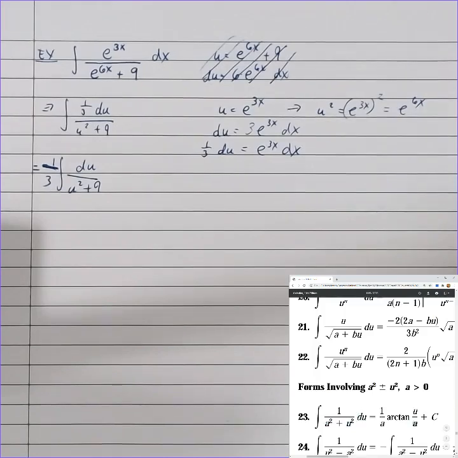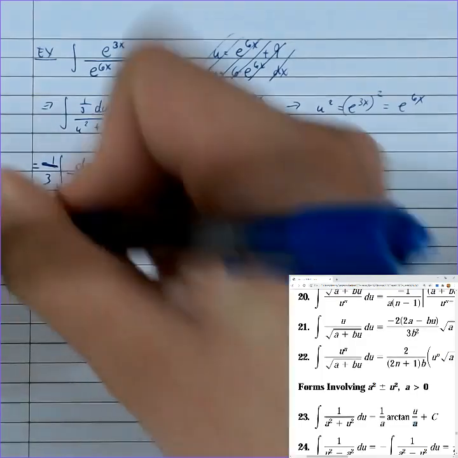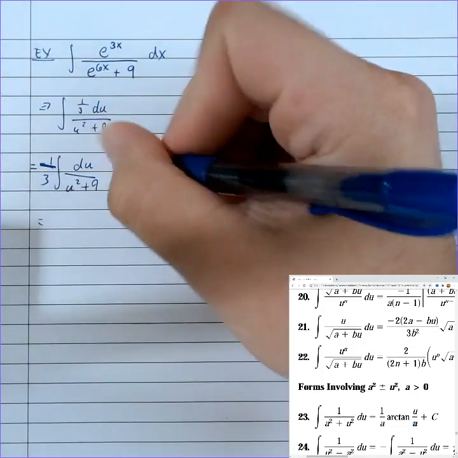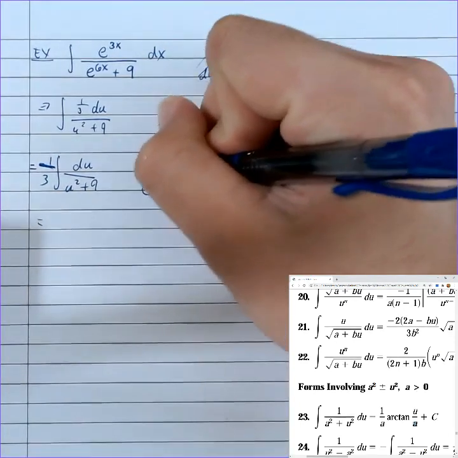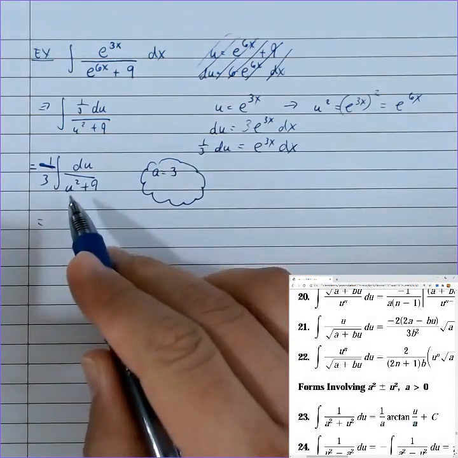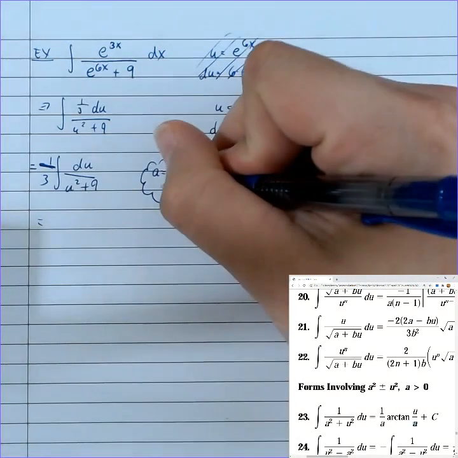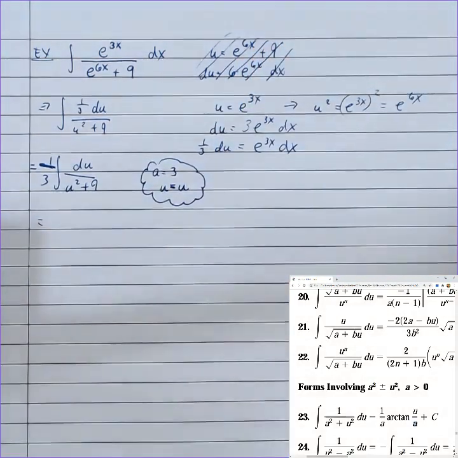I end up with 1 over a squared plus u squared, which is what I have. There's my a squared plus my u squared. So I have that a is equal to 3, because that's what's squared to give me 9. And u is just u. It looks exactly the same. So I'm going to write u equals u, which is technically true.